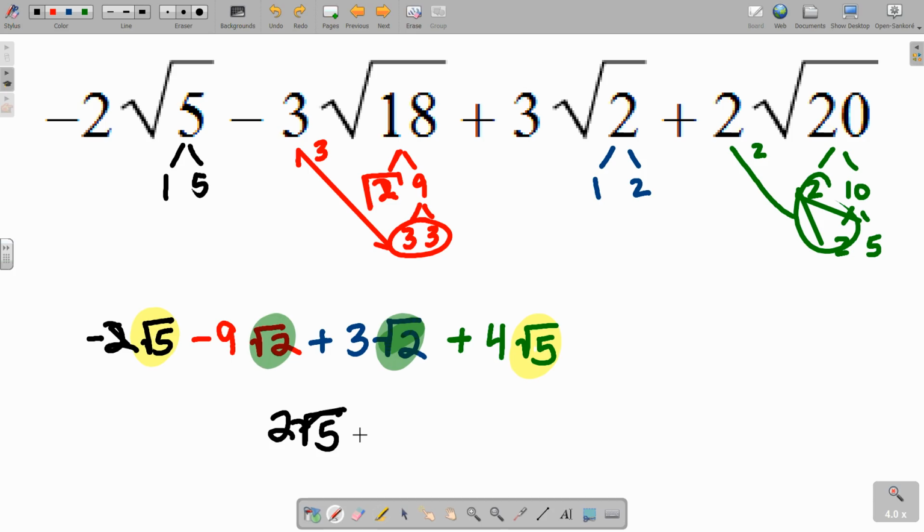Negative 9 plus 3. That's negative 6. Root 2. And you are done.